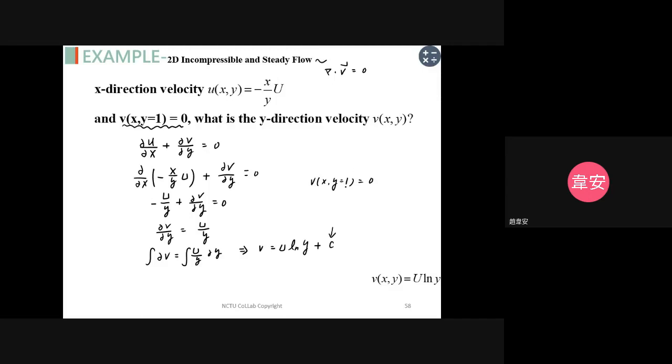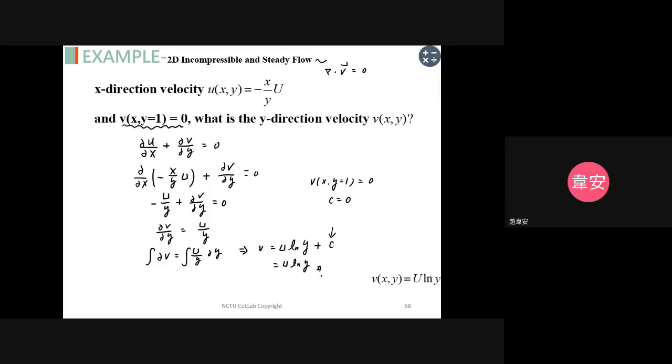So we put y equal 1 into the equation, ln 1 is 0, so 0 equals 0. That means C is also equal to 0. So finally, we know that U ln y is our v velocity.